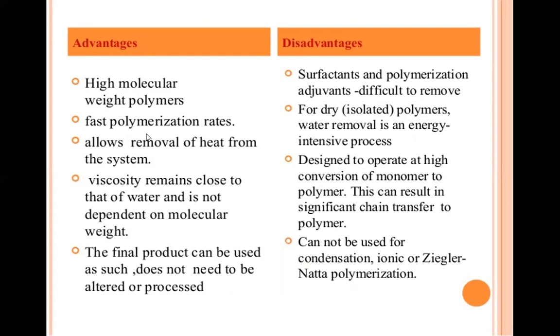That means the rate of polymerization is very fast and it allows the removal of heat from the system. Viscosity remains close to that of water and is not dependent on molecular weight. The final product can be used as such and does not need to be altered or processed. So these are the advantages of emulsion polymerization.